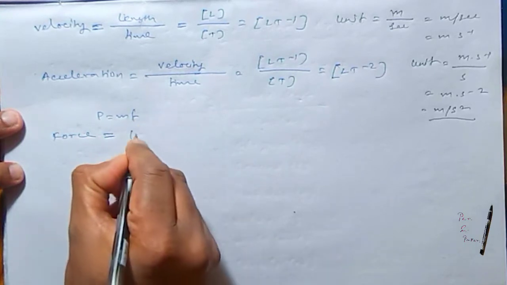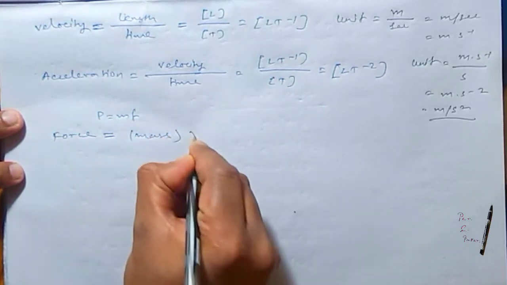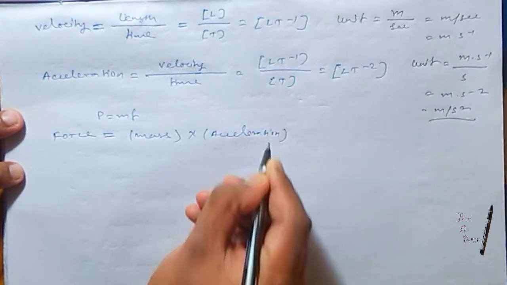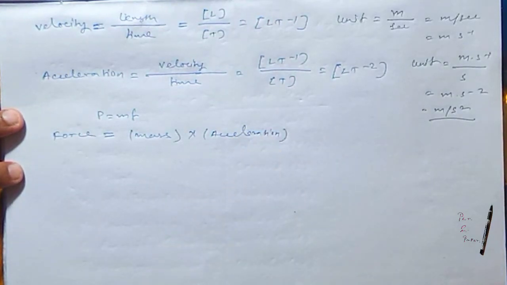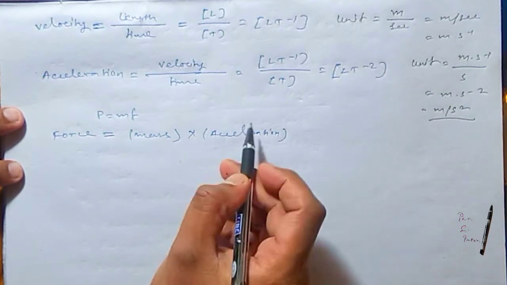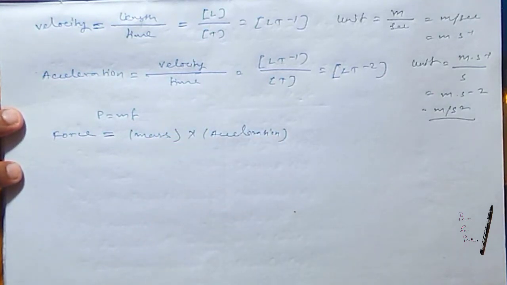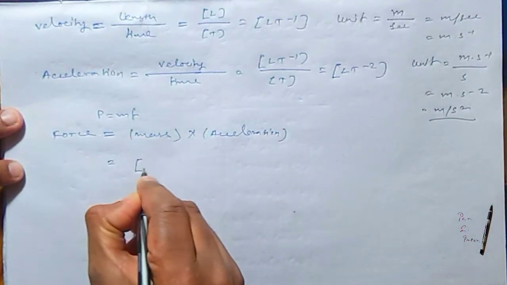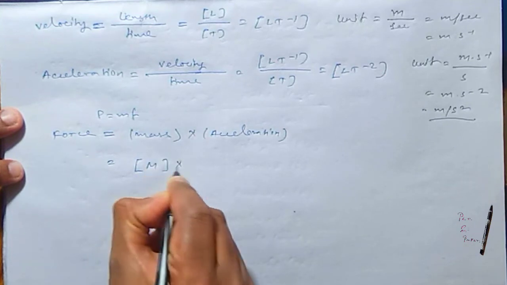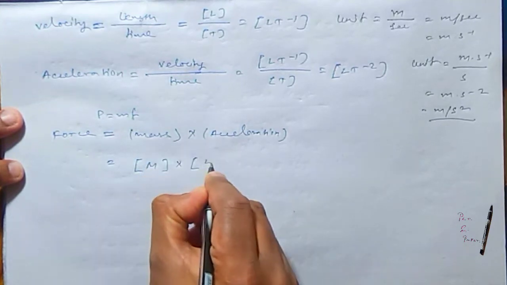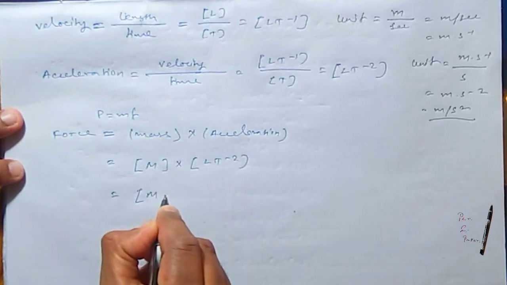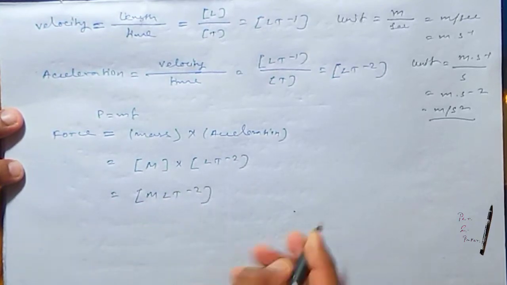Force is equal to mass into acceleration. Acceleration is velocity per time. If we express the dimension, it will be mass, and acceleration's dimension is LT inverse 2. And the final dimension is MLT inverse 2.